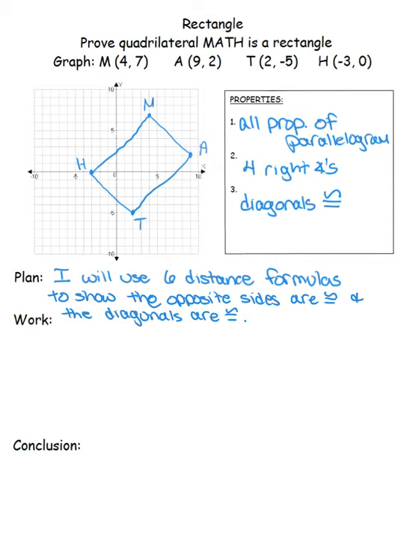That's our plan. So now your work is going to be the actual work. So your work is going to be the 6 distance formulas. And we're going with opposite sides and diagonals.